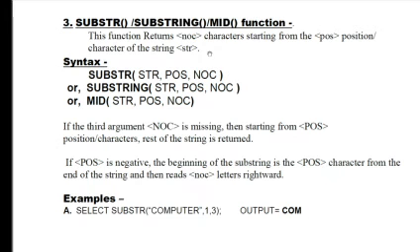The general syntax is SUBSTR, then the first parameter is the string, then position, then number of characters. Here we observe that the LEFT and RIGHT functions require 2 parameters and SUBSTR, SUBSTRING and MID require 3 parameters.